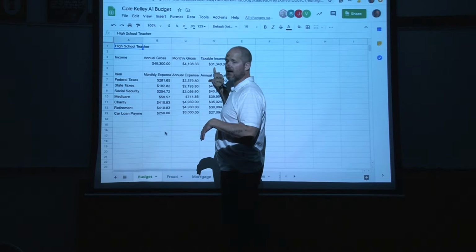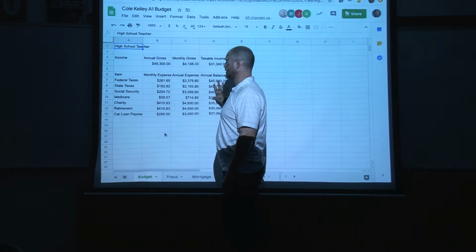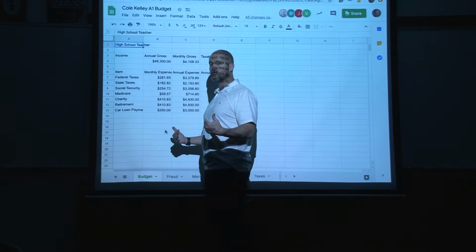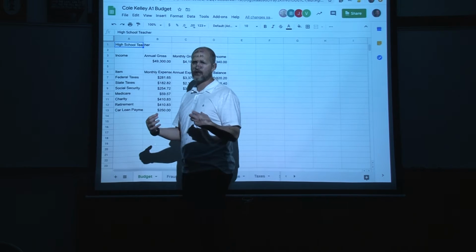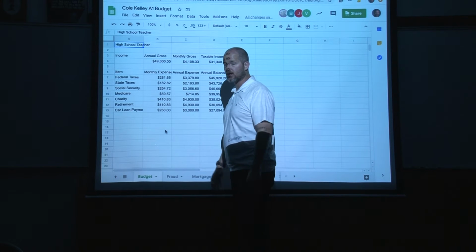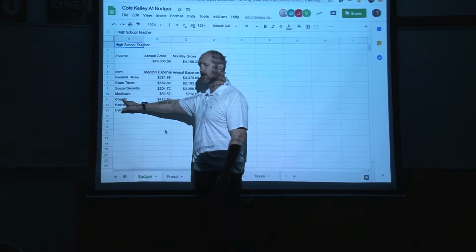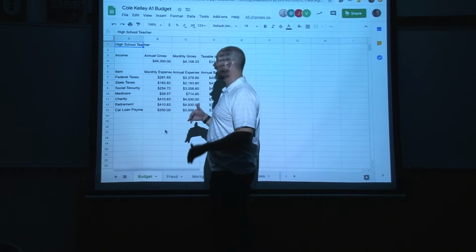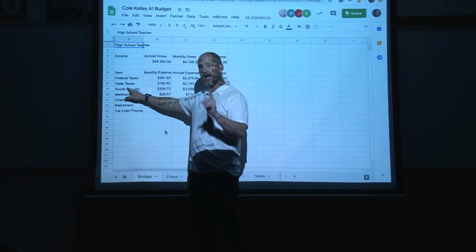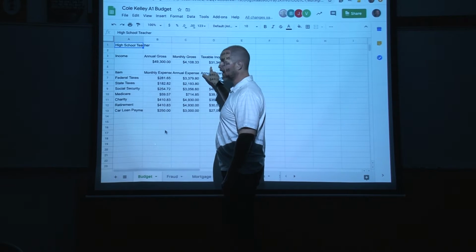What we'll be using that for, and again, some of this I feel like we've done, you should have done, okay, is the first thing I got to do is figure out how much of my paycheck is going to go to taxes. So that's the first thing I want you to include in your budget: federal taxes, state taxes, Social Security, and Medicare. Now, when I calculate federal and state taxes, I'm going to calculate it based off my taxable income, okay?